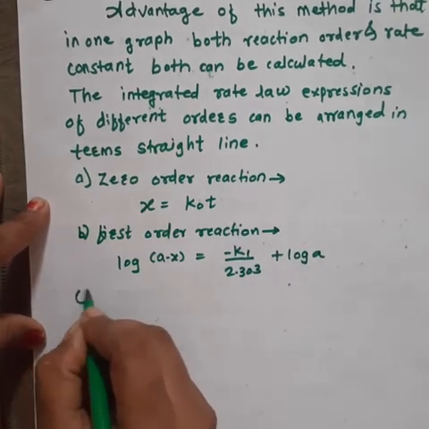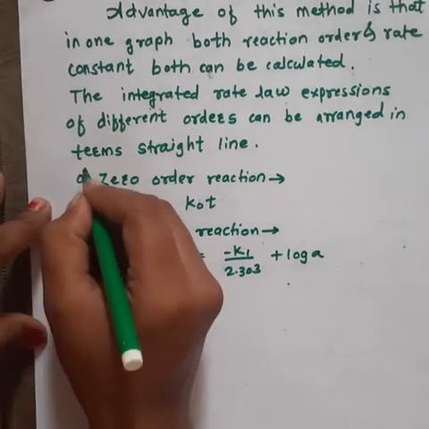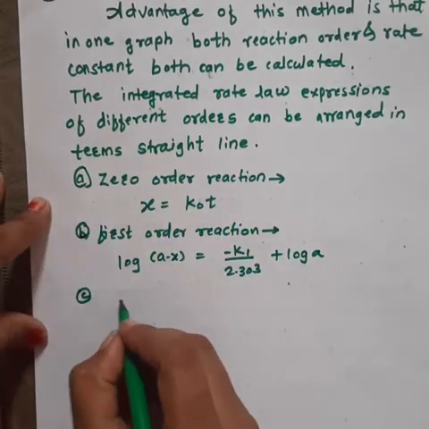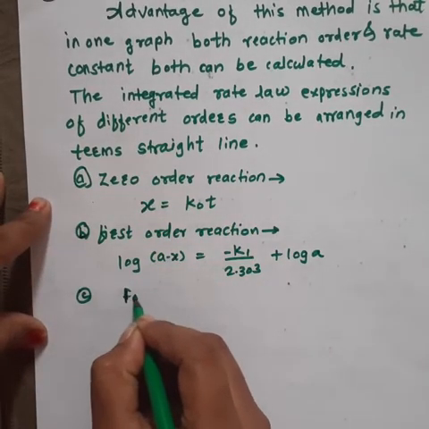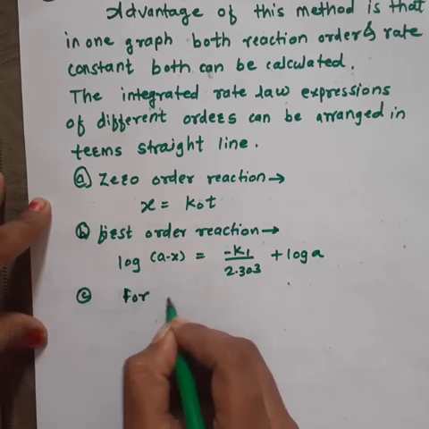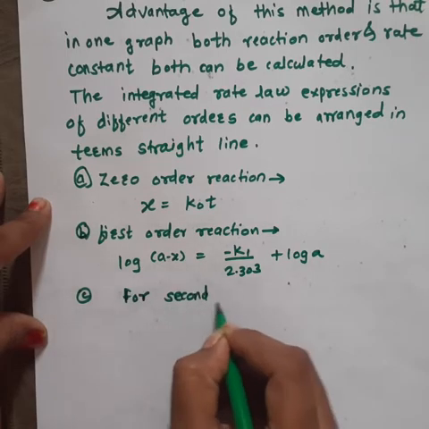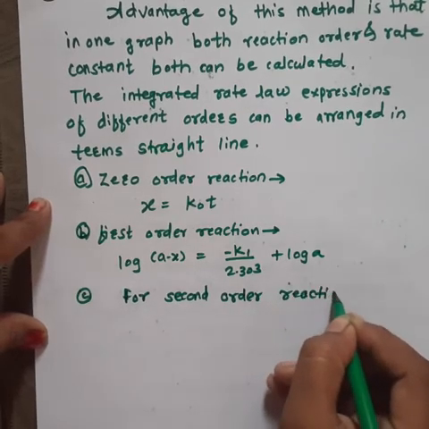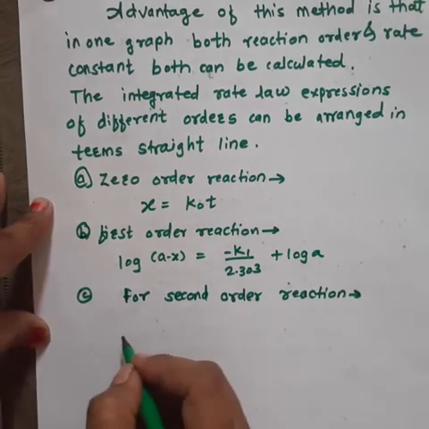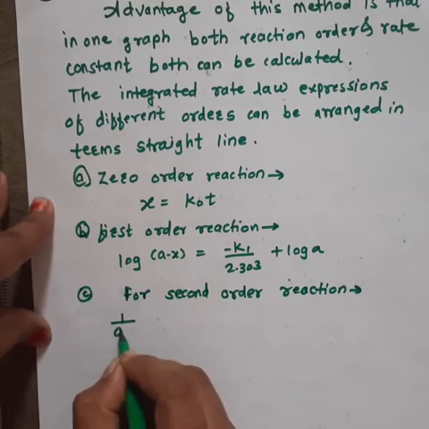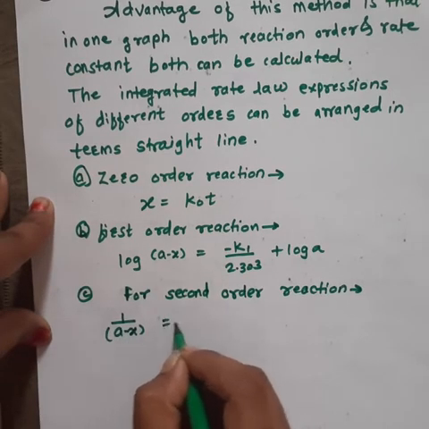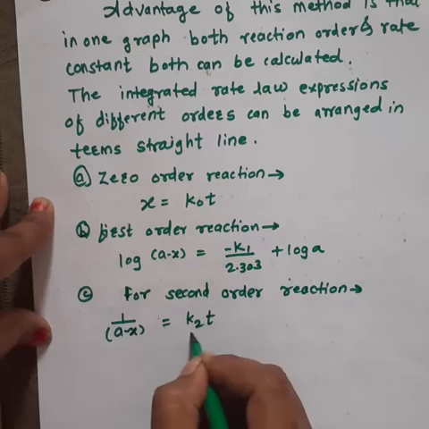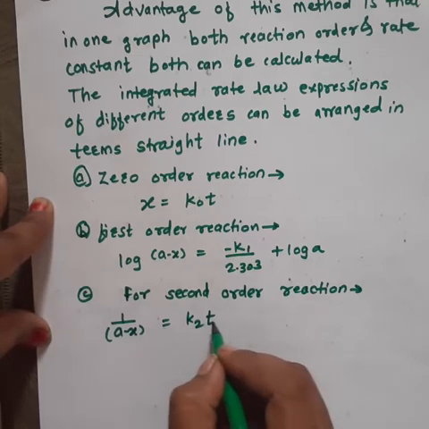For second order reaction, what was the equation? The equation was 1 upon a minus x is equal to k2 into t plus 1 upon a. k2 is the rate constant for second order reaction.